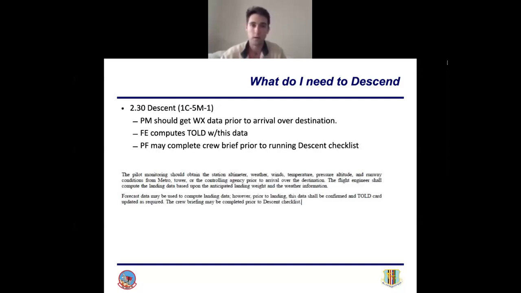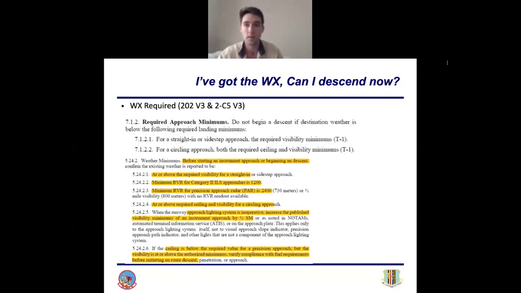So now that you've got the weather, can you descend? As you'll remember from pilot training, there are a few things that you require. Obviously, ATC telling you it's time to descend or you asking them for clearance to do so. But to begin the descent, this is out of the 202 Vol 3 and the 2C5 Vol 3, for the weather that you need to be able to descend or to start an approach.